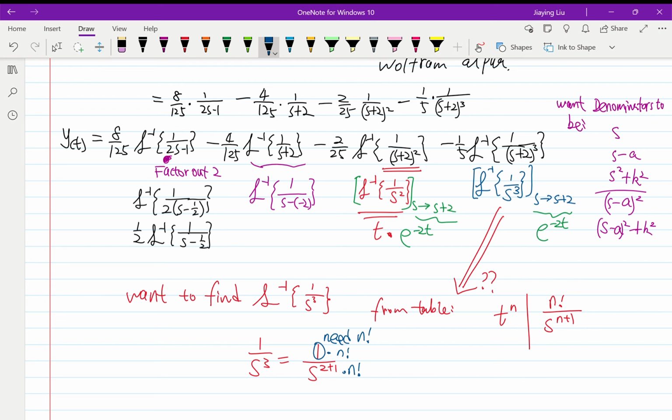So now this n factorial is 2 factorial. So now this 2 factorial over s to the 2 plus 1 is exactly this form. And I can take the inverse Laplace transformation out. But then I have this extra 2 factorial. What I'm going to do is just leave it and put it aside. Don't worry about it.